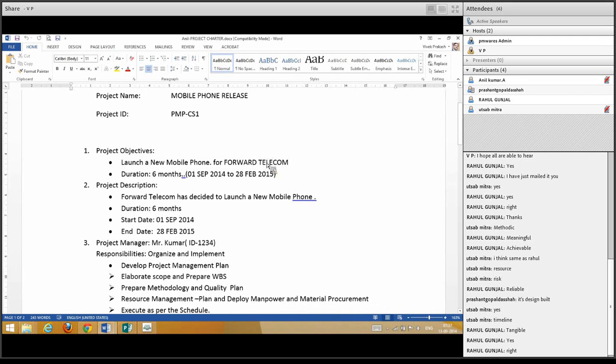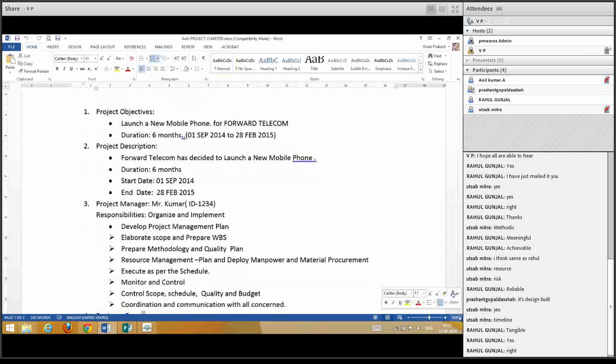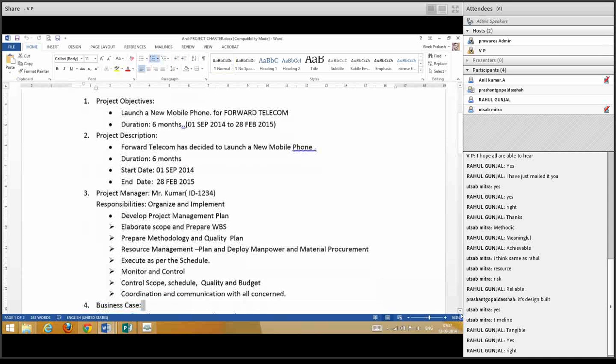So I think we need to bring a little more objectivity into the project objectives. Description, also, I think we should talk a little bit about the purpose. I think Rahul has decently written it, and we should write why, what is the context actually.